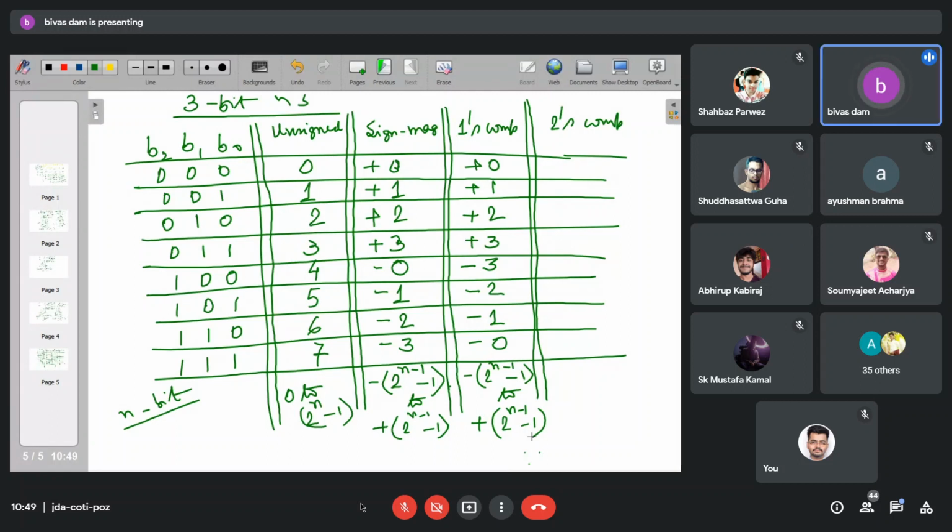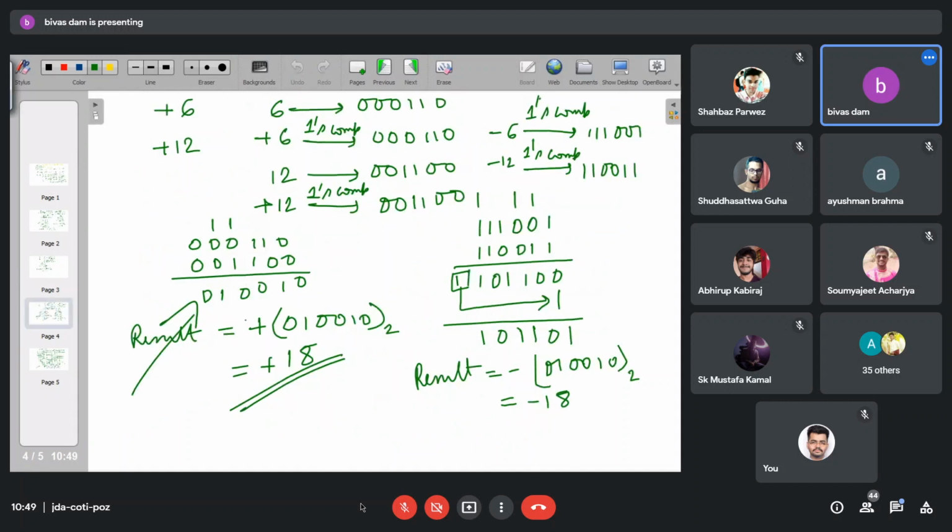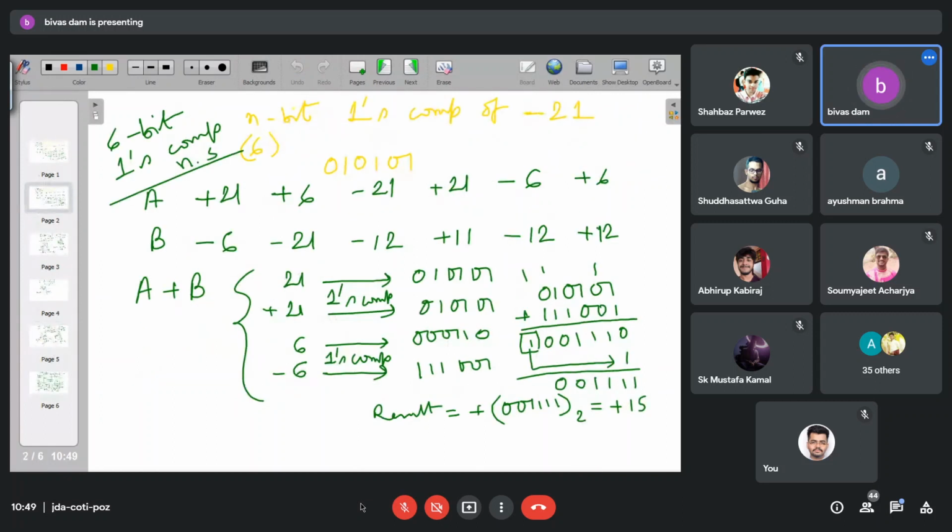So now in our example, what is the value of n? 6. So what is the type of number system you are considering? Ones complement.